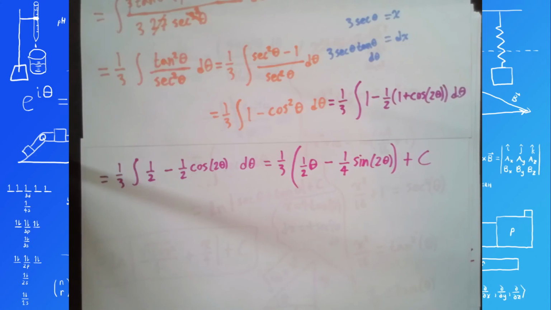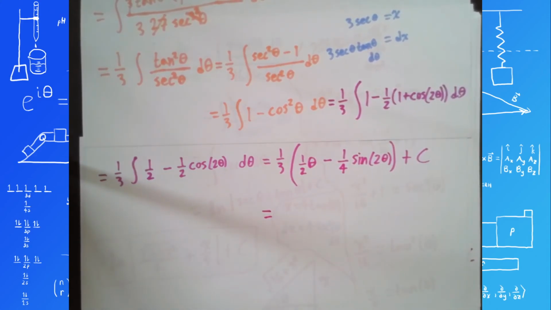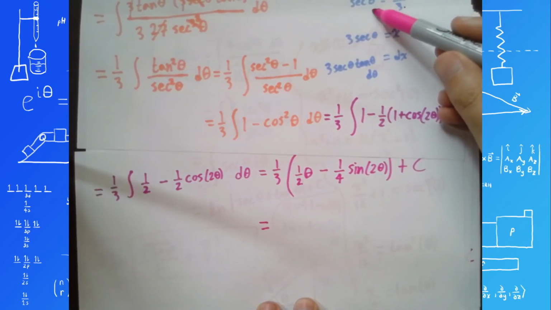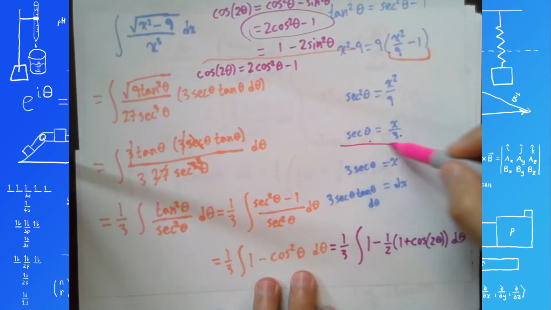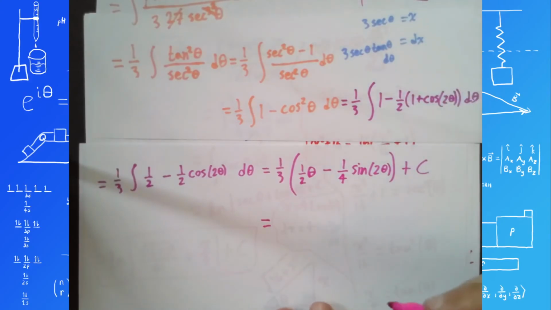Okay, and rewriting everything in terms of x, let's draw ourselves a reference triangle. So we had x over 3 equals secant theta. That's what we had up here. So let's use that to draw a reference triangle.